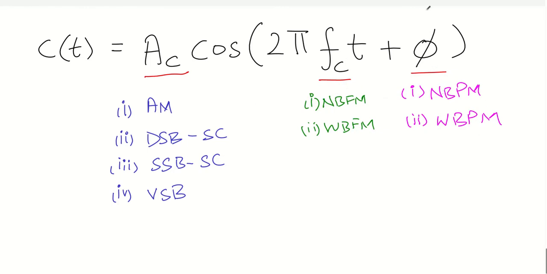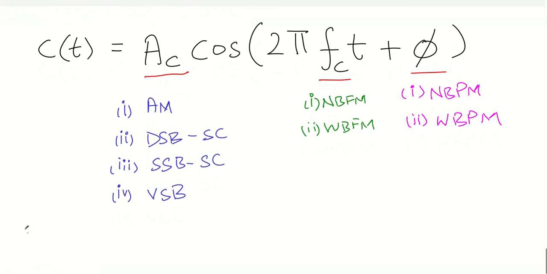Now up to this point, up to these 5 lectures, these 5 videos, we have just looked at the basics of what we are going to use in the subsequent lectures. Now under each and every type of modulation, we will be looking at a few things.